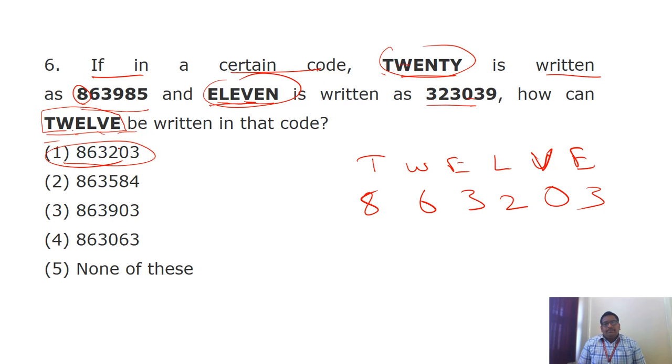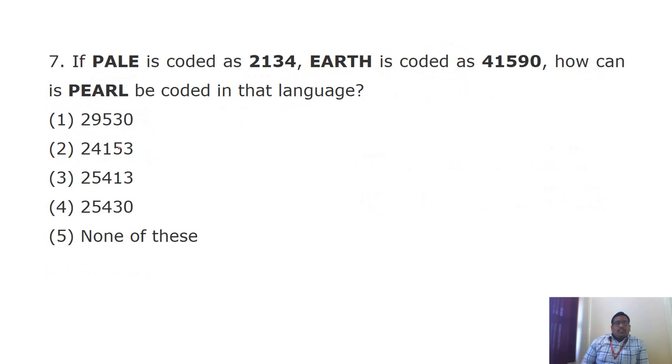Clear? Very simple. Let us see one more example. It's a similar kind of example to the previous slide. If PALE is coded as 2134 and EARTH is coded as 41590, how will you code PEARL in that language? First check: can PEARL be formed using the letters of PALE and EARTH? Obviously yes.